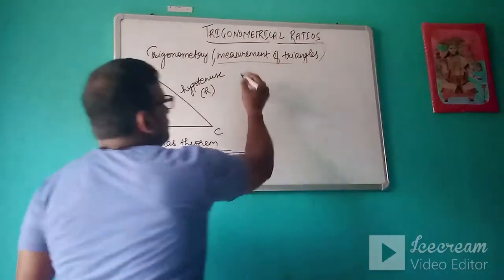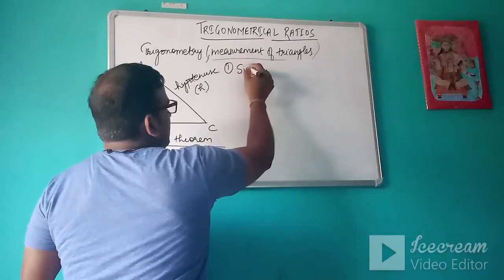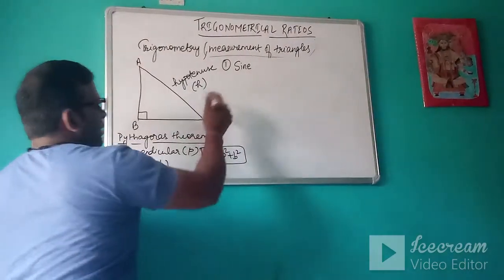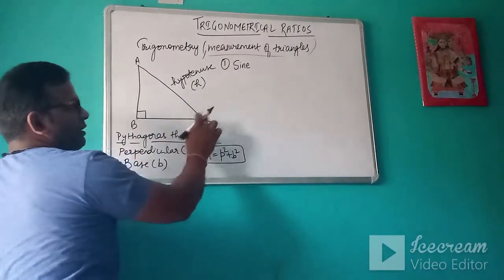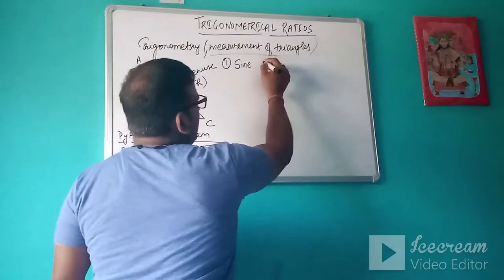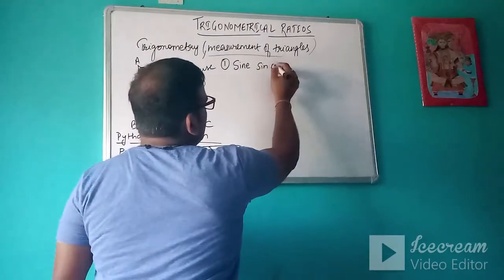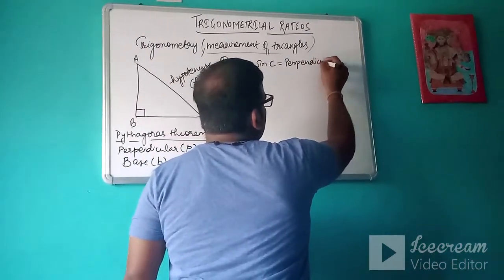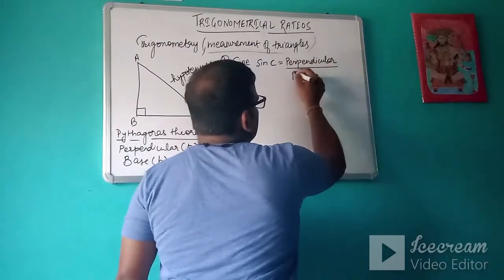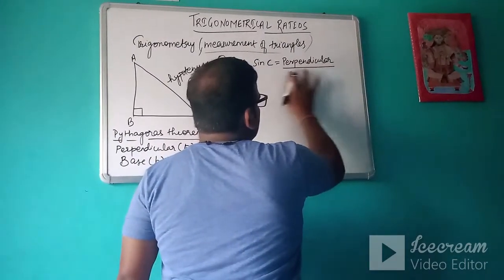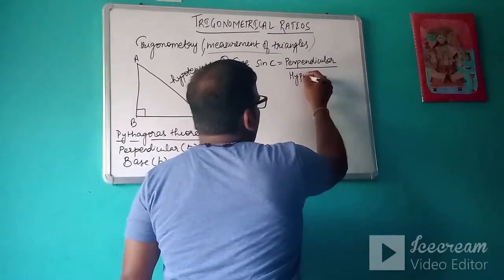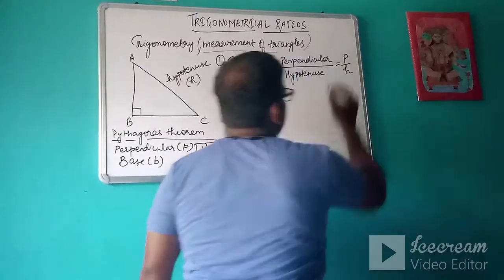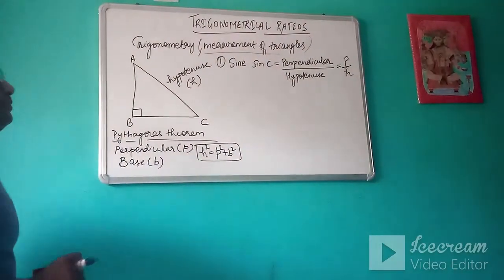So let's study the very first trigonometric ratio, that is sine. Suppose this is ABC and we study the trigonometric ratio for this particular angle, sine C. We will write sine of C, and the formula is perpendicular upon hypotenuse, that is P upon H. So this is the formula of sine.